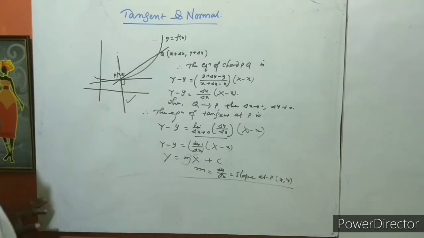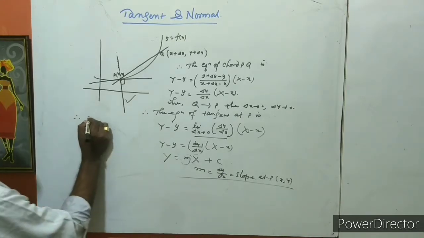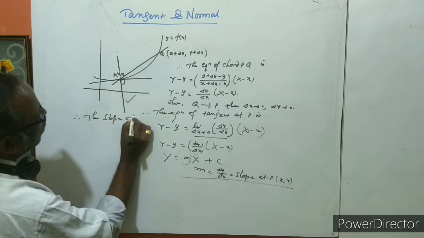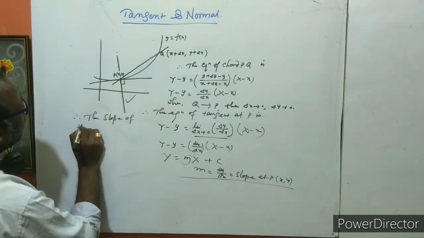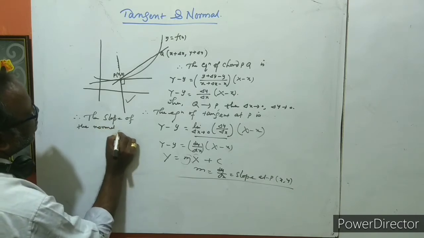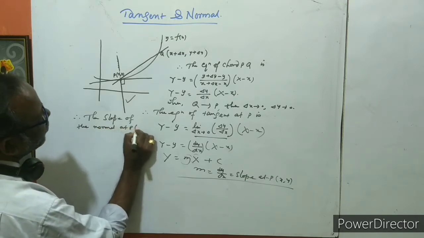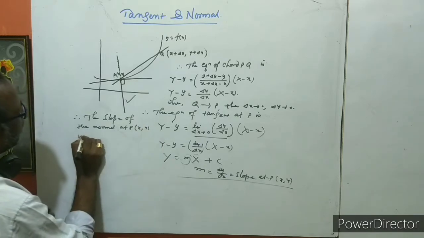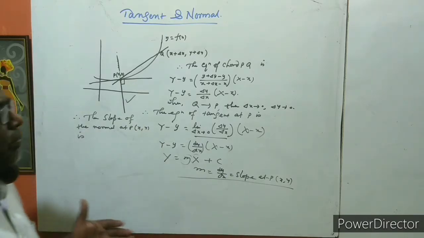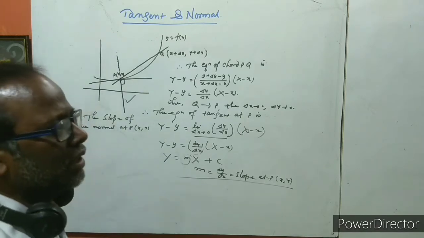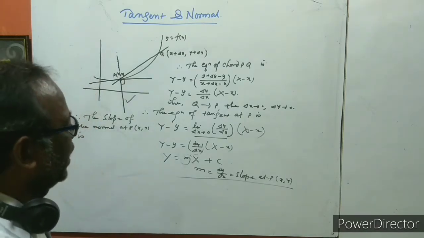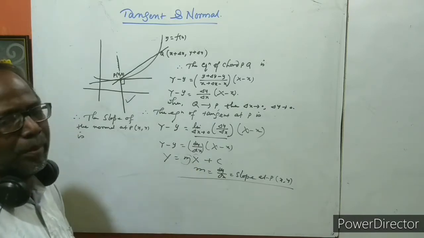Then the slope of the normal at P(x, y): the product of the slopes of perpendicular lines is m1 into m2 equal to minus 1.